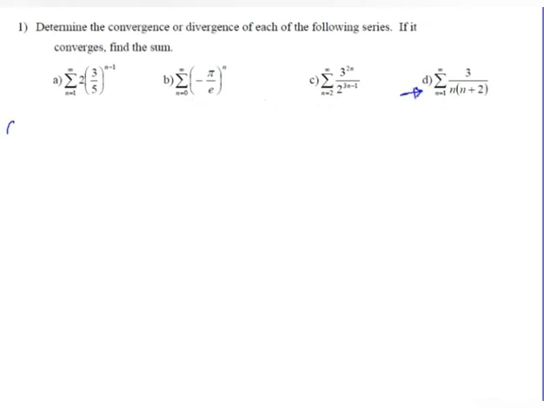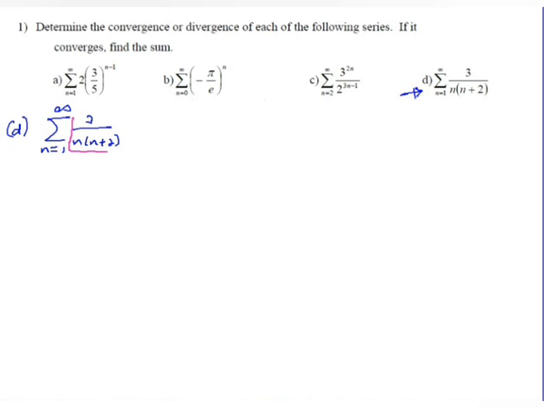In D we have the summation for n starting from 1 up to infinity of 3 over n times n plus 2. To determine the convergence or divergence of this series, we need to write this in some other form.